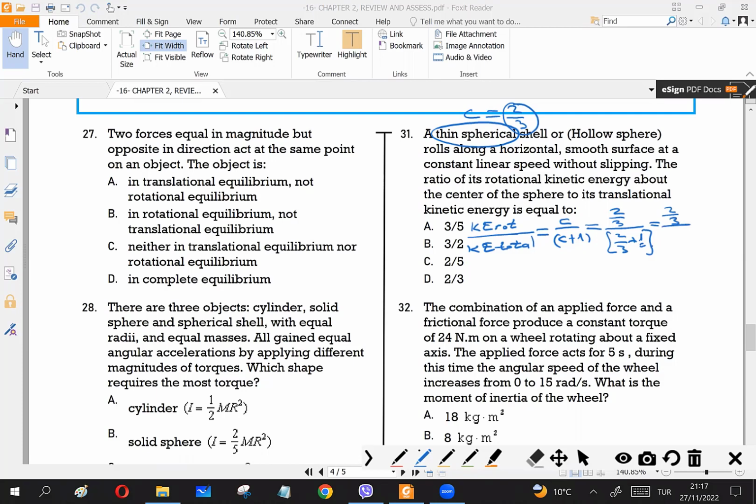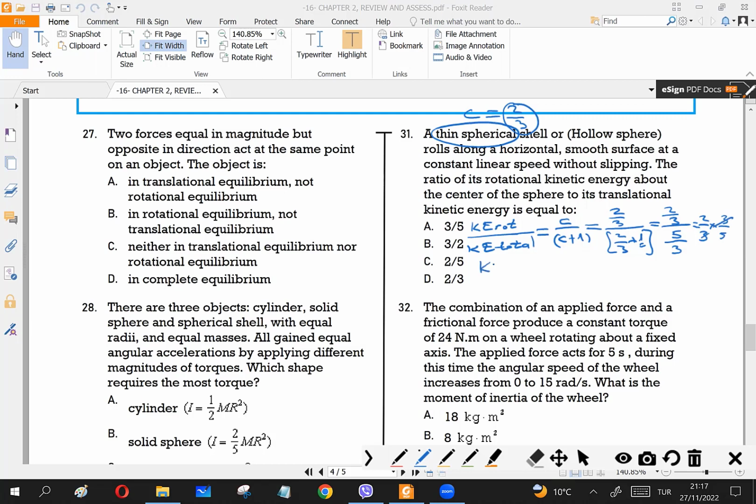The denominator is going to be 3 times 1, 3 plus 2, 5 over 3. When we flip this 5 over 3, the result is 2 over 3 times 3 over 5, and the result is going to be 2 over 5.